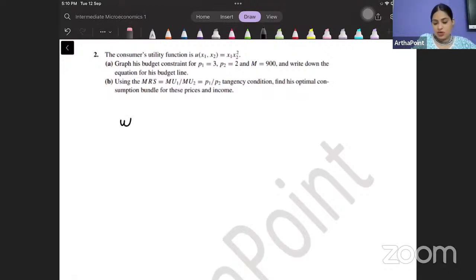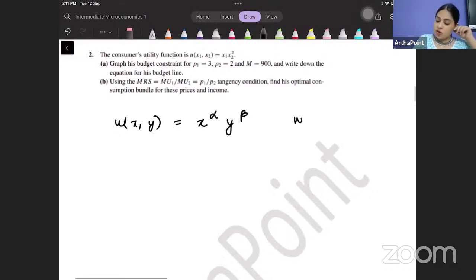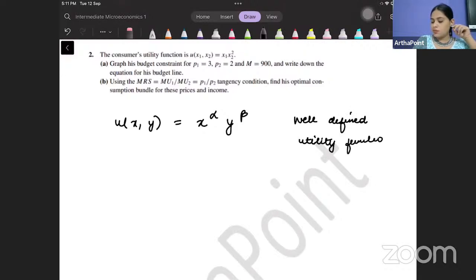Whenever you see utility functions of the form x to the power alpha, y to the power beta, जब भी ऐसा utility function मिले बेटा, it is called a well-defined utility function.